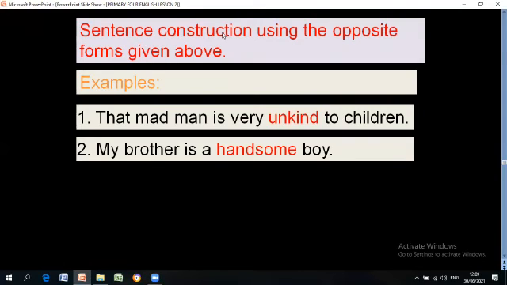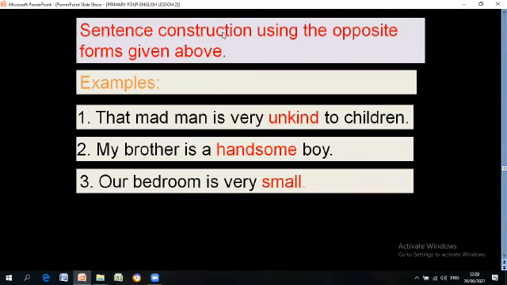So handsome is the opposite of beautiful. Number 3 says, our bedroom is very small. Small there is the opposite of big. In some circumstances, we may use the word large, depending on what one wants to talk about.